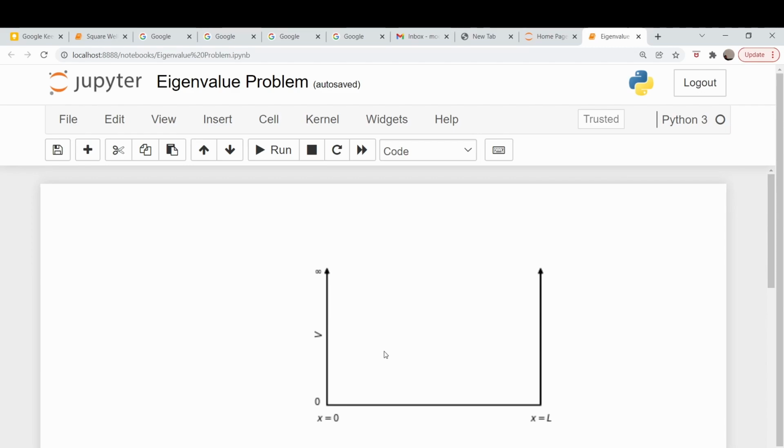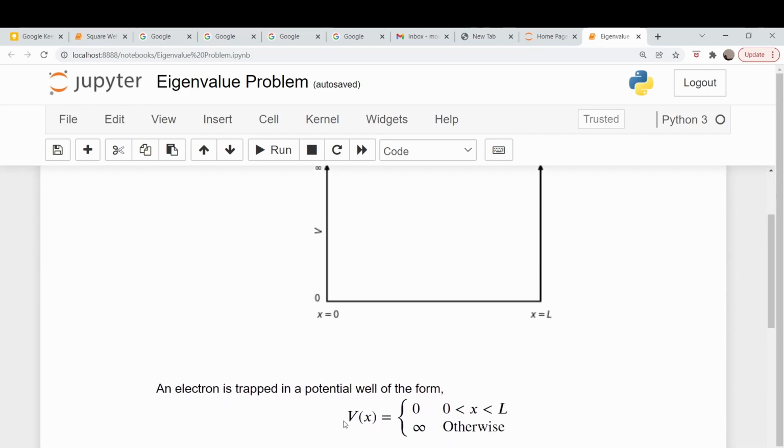And since a particle can't have infinite energy, it's going to be trapped between these two points, x equal to 0 and x equal to L. So classically, the particle can have any kinetic energy it wants, and its only constraint is basically to stay in between these two points.